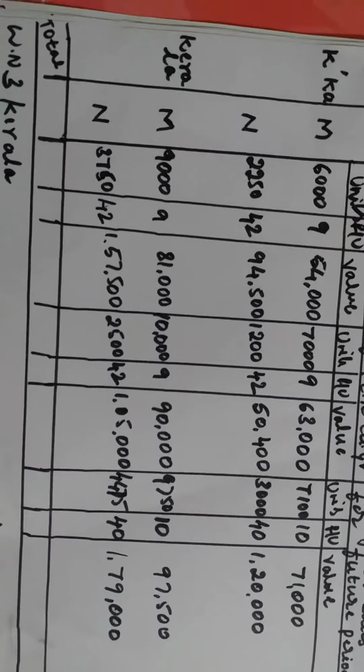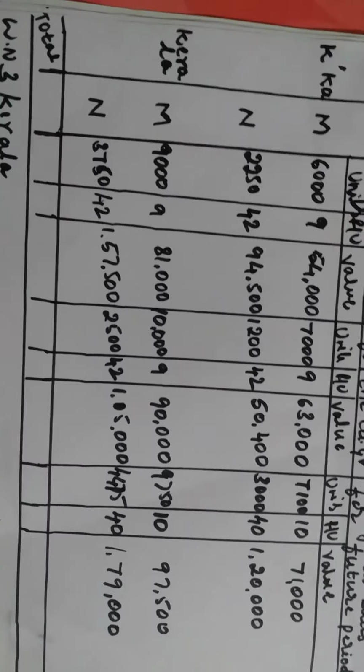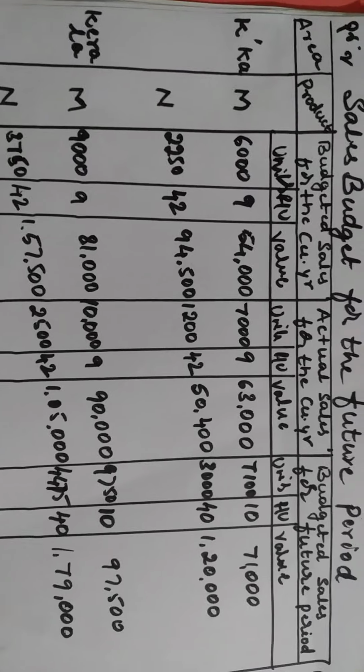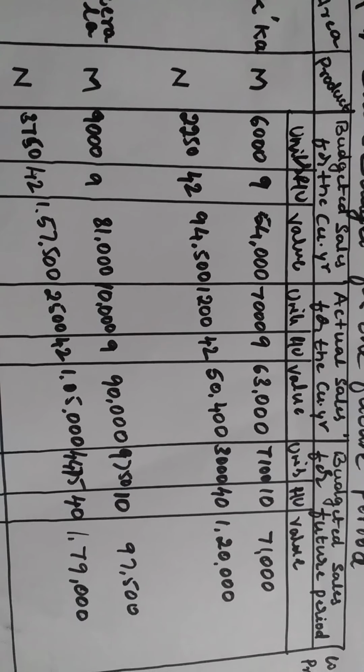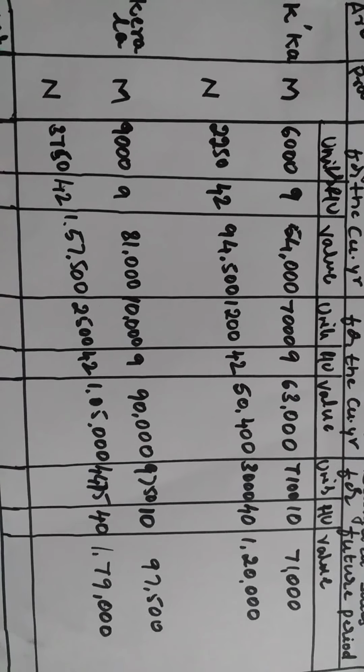The value increases and changes here compared to the other two figures, that is budgeted sales for the current year and actual sales for the current year. You can total the value of the budgeted sales for the current year.